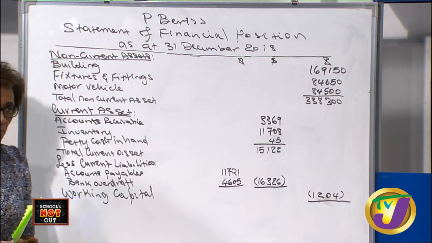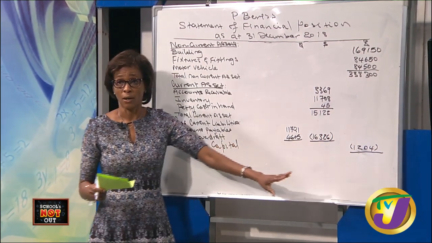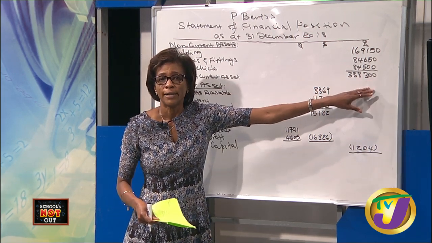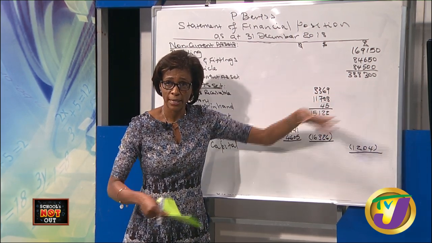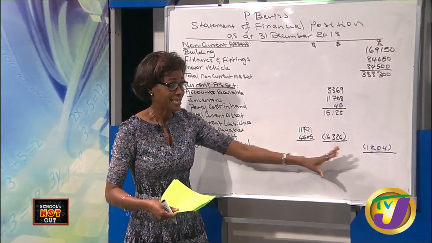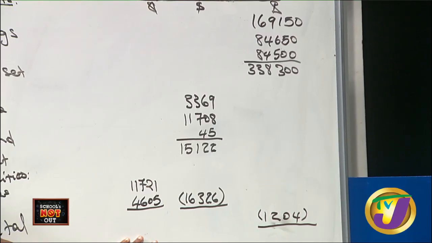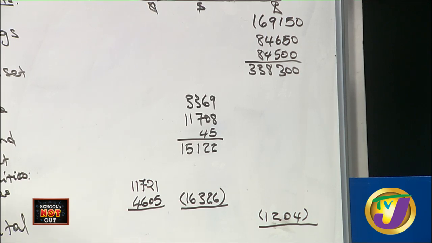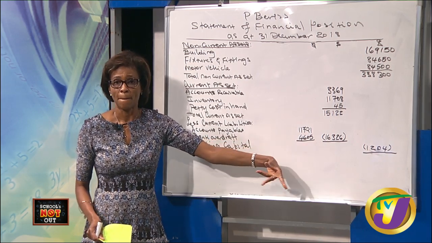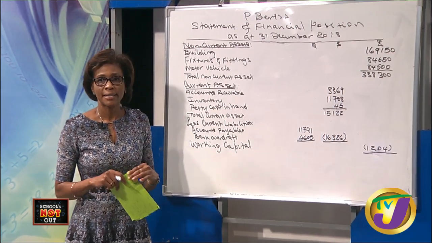So therefore, when we take away our working capital, normally under good circumstances, our working capital would be added to our non-current asset, which would increase our asset. But in this case, because our working capital is negative, meaning our current liability is more, we have to take it away.